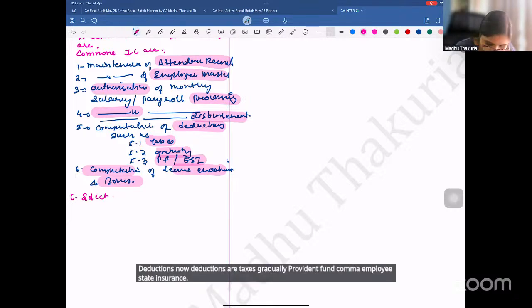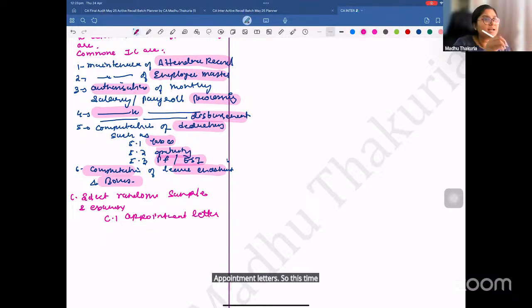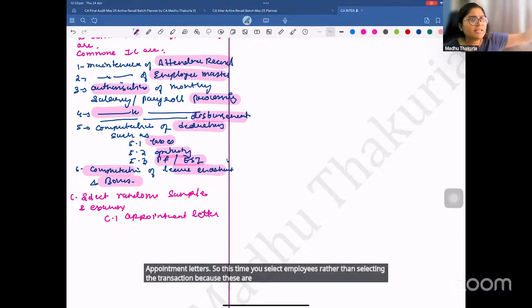Select a random sample and examine appointment letters. So this time you select employees rather than selecting the transaction, because these are the X number of employees who were there throughout the period, or who would have joined in the beginning, or some of them might have left in the beginning.